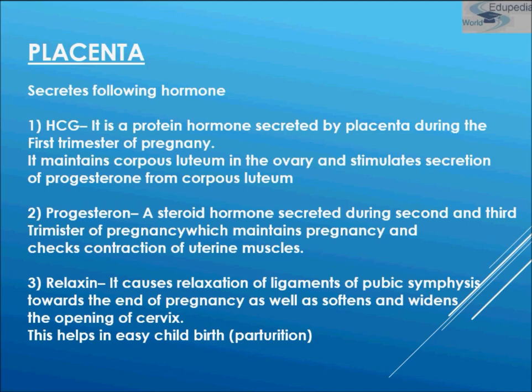Okay. Now the third hormone which is secreted by the placenta is relaxin. It causes relaxation of ligaments of the pubic symphysis towards the end of pregnancy.